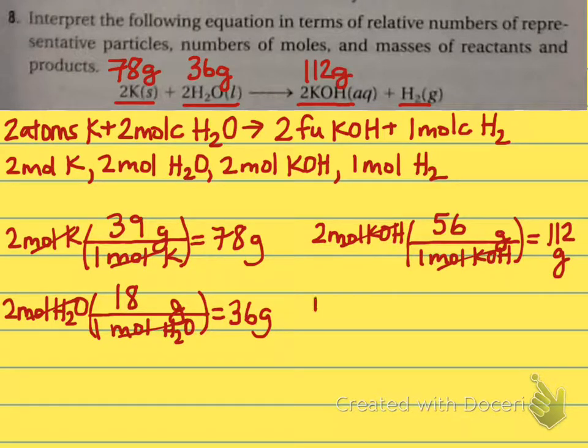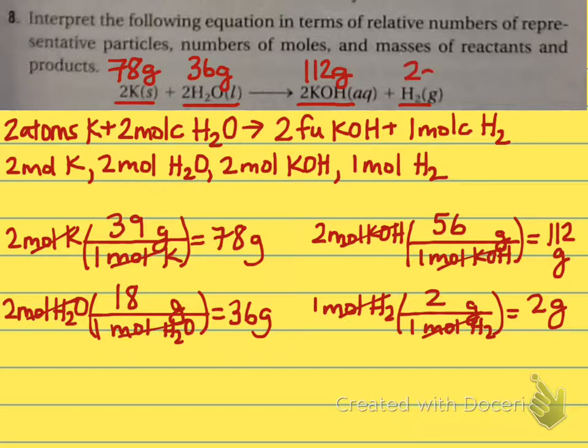And then I have 1 mole of hydrogen. And 1 mole of hydrogen is how many grams? Hydrogen's 1, and there's 2 of them, so that's 2. So that's 2 grams.